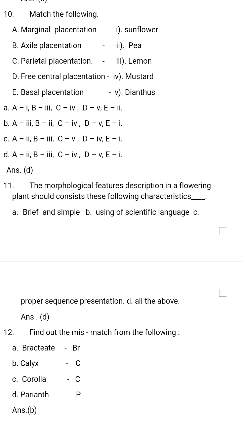Marginal placentation. Marginal placentation can be seen in a flower called pea or beans or sweet peas, etc. So A is matching with Roman numeral 2. Next, axial placentation. Axial placentation can be seen in plants such as lemon and tomato, matching with Roman numeral 3.